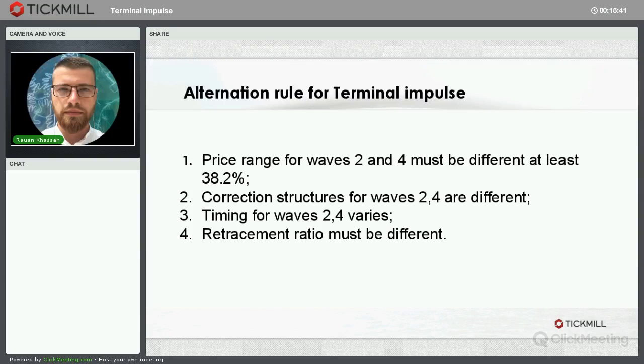So, for example, wave 2 may represent 78.6% of the length of the trend impulse, whereas wave 4 may have only half of the length in comparison to the previous trend wave 3.